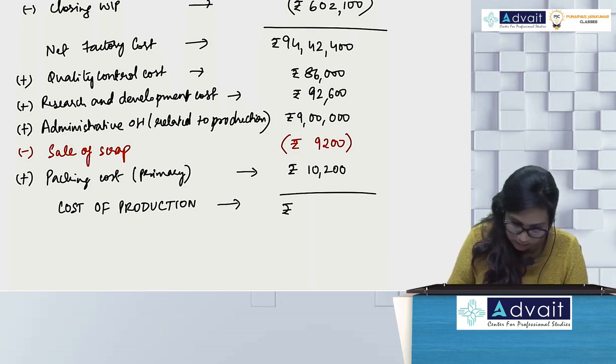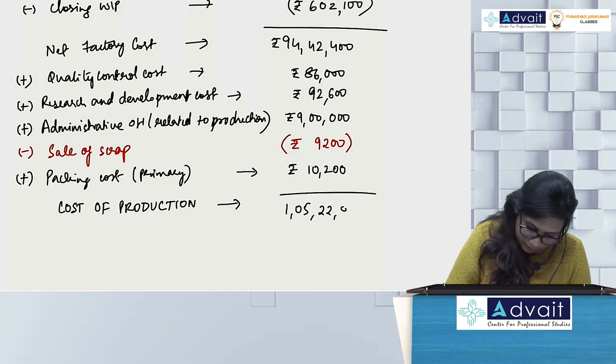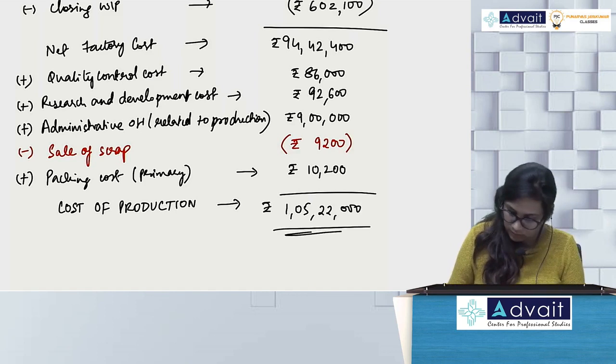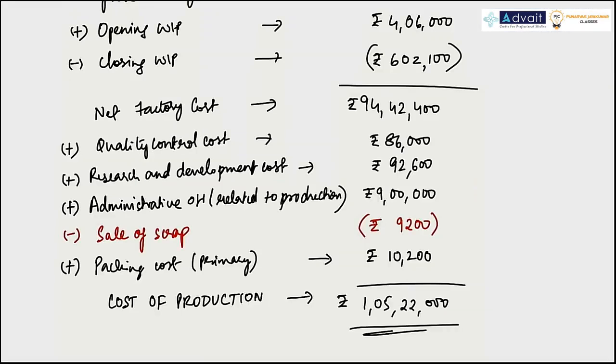Guys, how much do you get? 94,42,400 plus 86,000 plus 92,600 plus 9 lakh plus 10,200 minus 9,200 कितना आया? 1 crore 5 lakh 22,000. Please check your answers. I'll give you 1 minute.